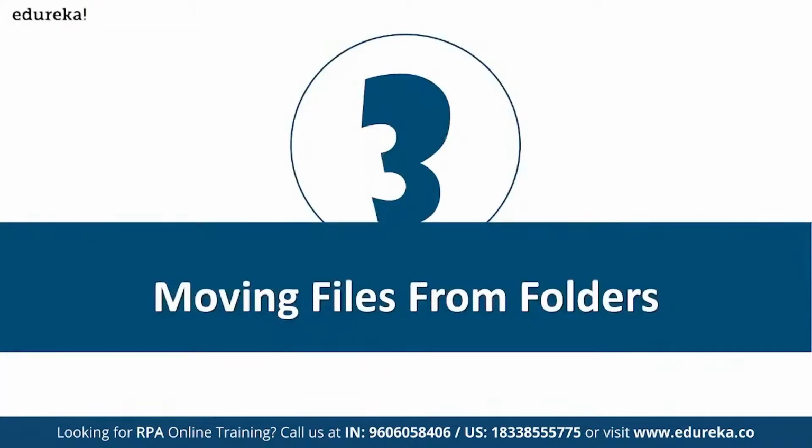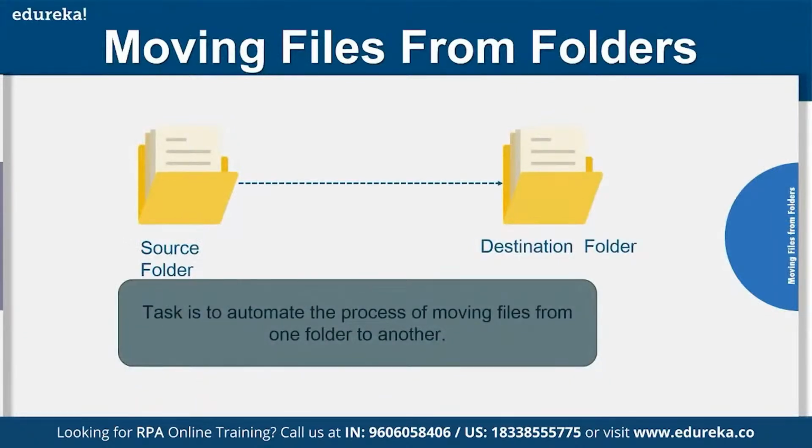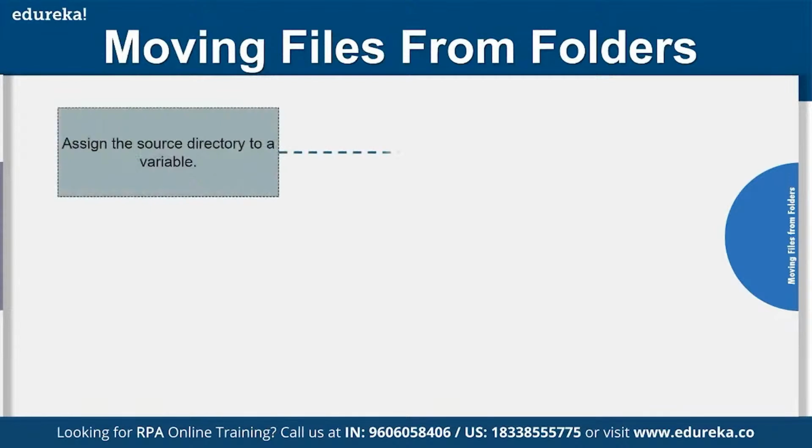So before that, to move the files from one folder to another folder, what is required? In the theoretical part, what all the things we have to do in UiPath to move files from one folder to another folder? We need a source folder and a destination folder, and we have to create an automation to move the files from source to destination.